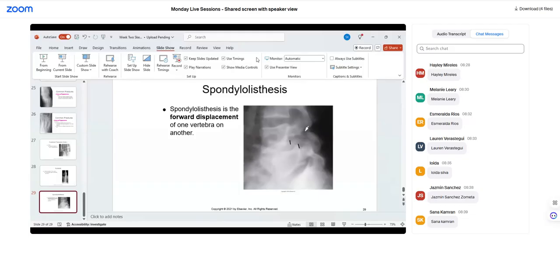Any questions with this lecture, with skeletal or week two? Like I said last week, skeletal is pretty broad as far as what to focus on for the boards.